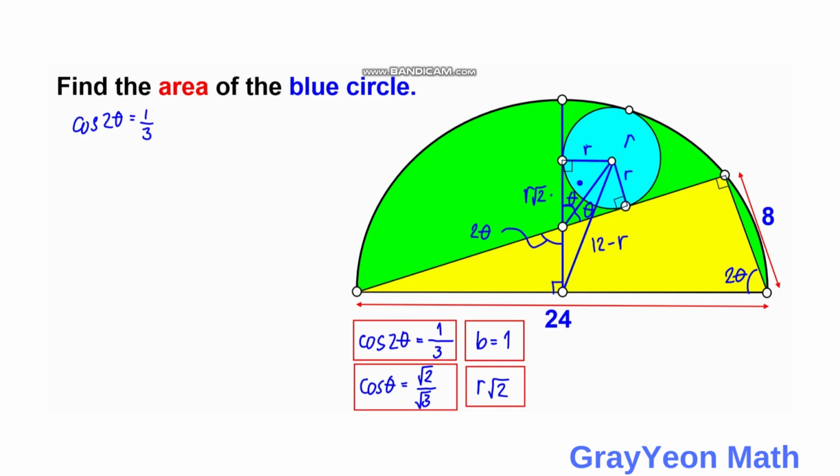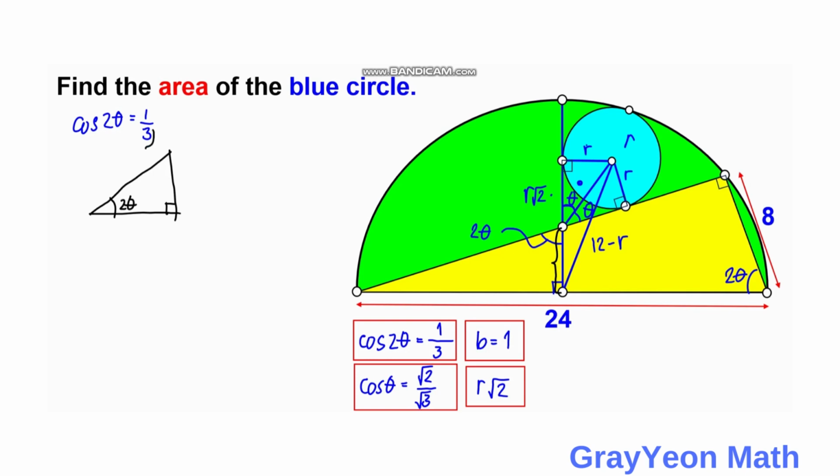Okay, so next we get this length. We get this length by using trigonometric functions. And first, since we are given cosine of 2 theta, we draw again a triangle, and this is 2 theta, the angle, and this is a right triangle, of course.